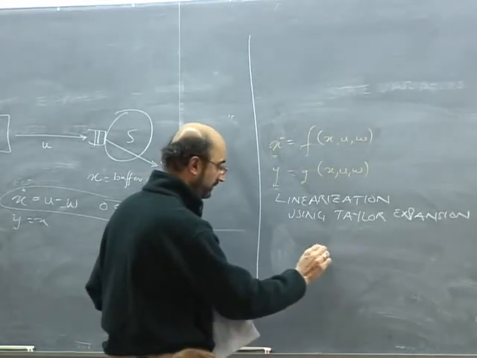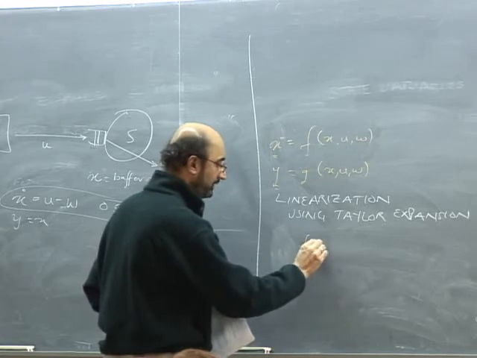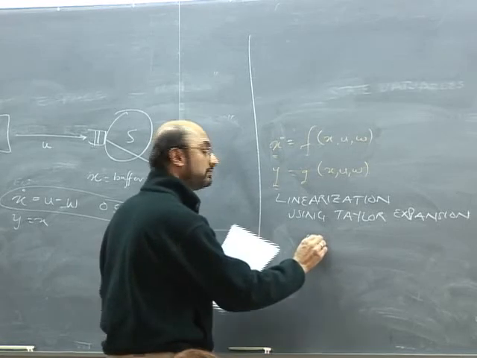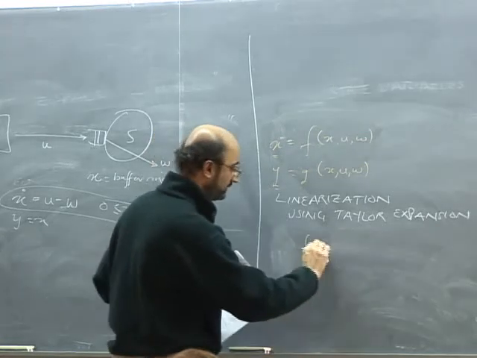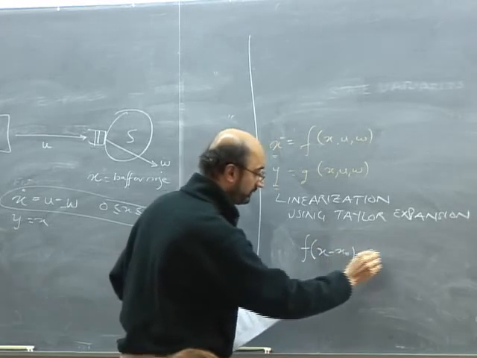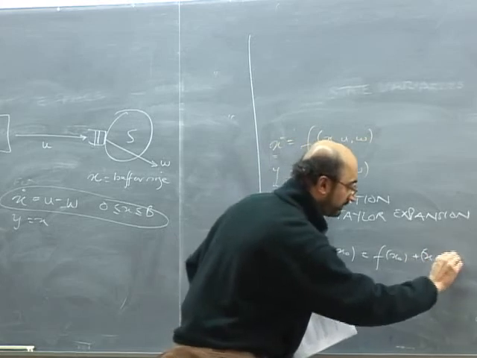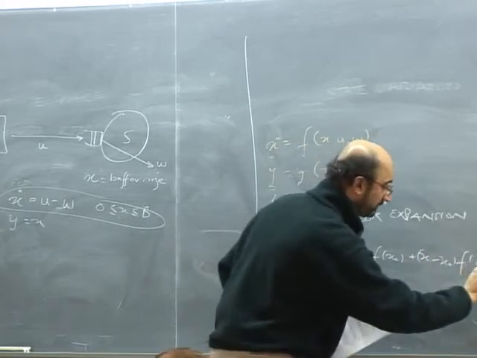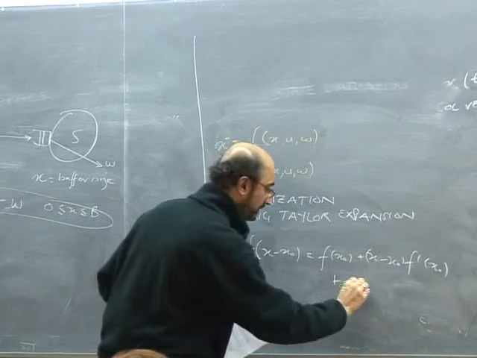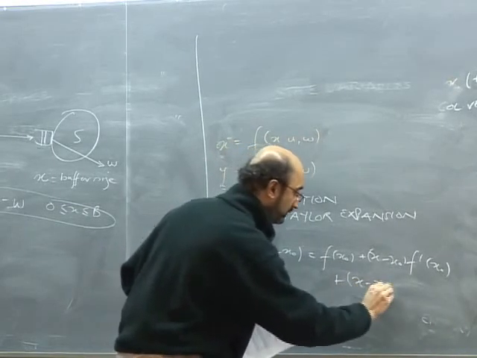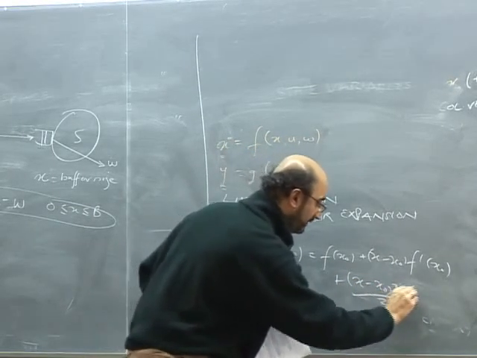We want to say f of x equals f of x dot plus (x minus x dot) times f prime of x dot, plus (x minus x dot) squared over 2 factorial times f double prime.